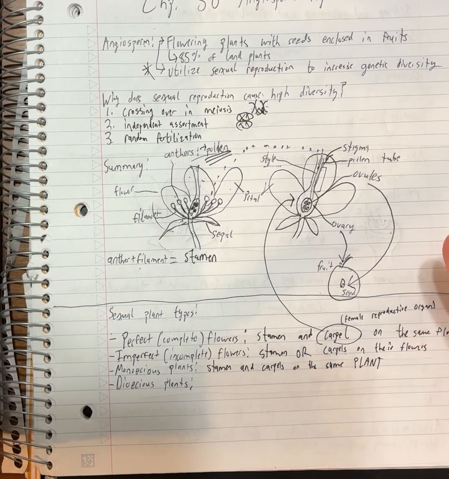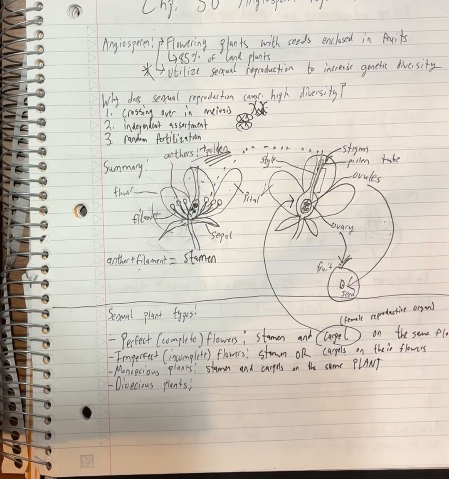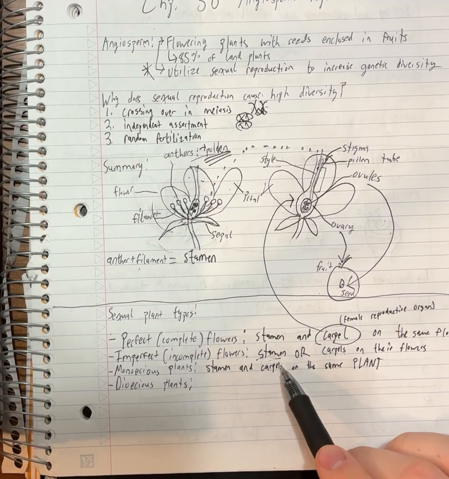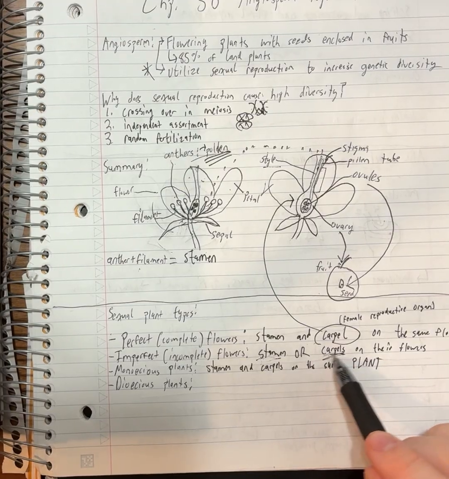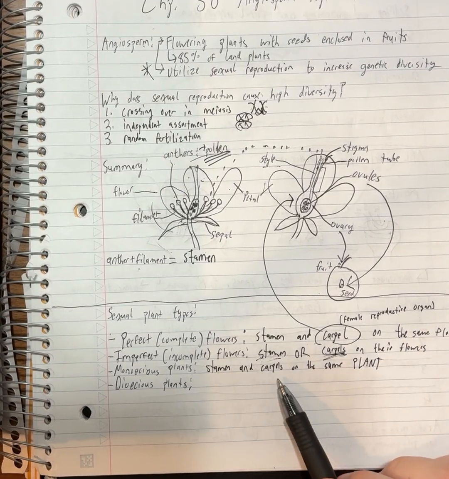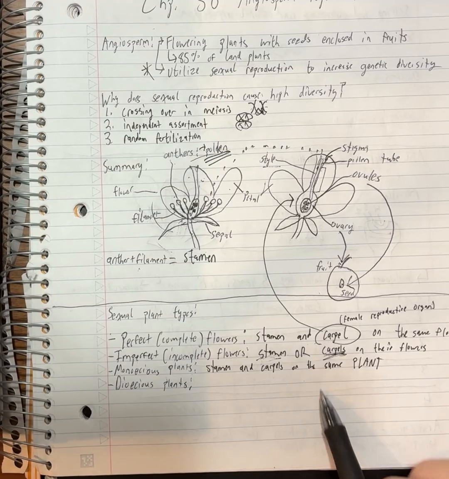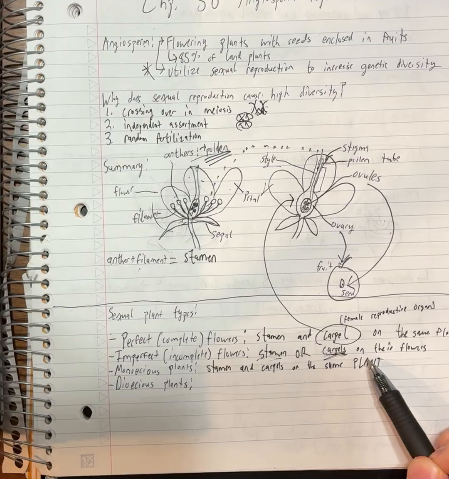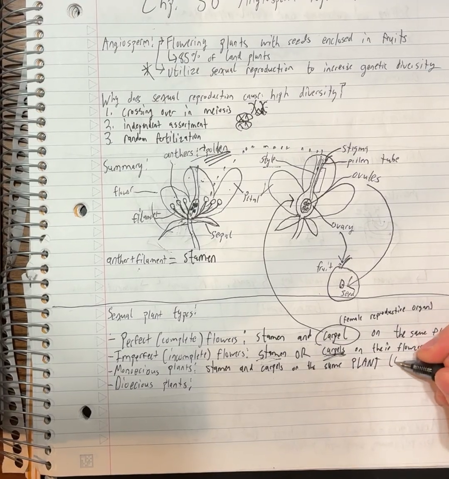Remember, we needed two different plants. We need a male plant and a female plant, because we need one plant that has male flowers and one plant that has female flowers for the carpels. But a monoecious plant has stamen and carpels on the same plant, but not necessarily on the same flower. So an example of this would be corn.